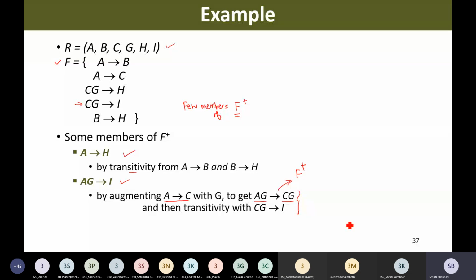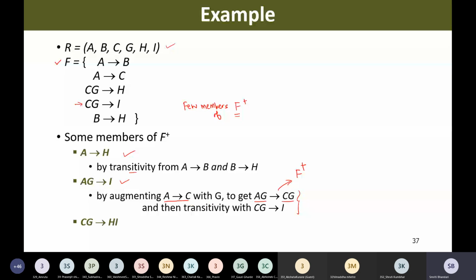Yes, ma'am. So this is how we need to apply the rules and we should come up with new members of F plus. So we have here A to H, AG to I, and even AG to CG is a member of F plus because we are augmenting G with A to C.